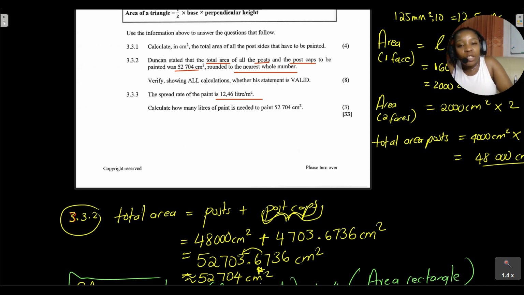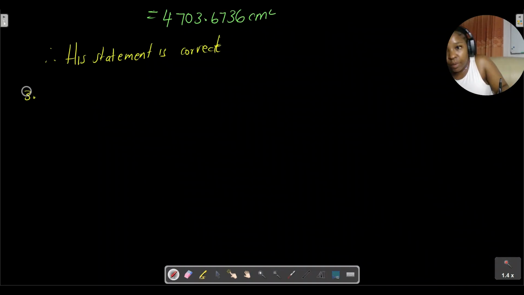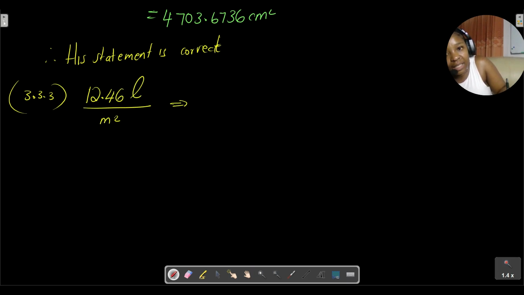So we are told that the spread rate is 12.46 liters per meter squared. That is just telling us, for question 3.3.3, that if the spread rate is 12.46 liters per meter squared, we can write this as an equation, right?